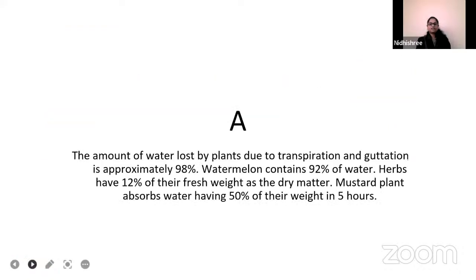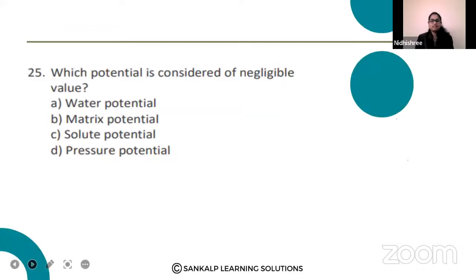Next, which potential is considered as negligible value? Water potential, matrix, solute and pressure potential. Dhamini option B, Praveen JH option A, Soundarya option C, Rakshita option B. Yes, Gayatri option B. Shilpa Nayak option B. Okay, Chandana option B, Dyuti option B. Let us check.